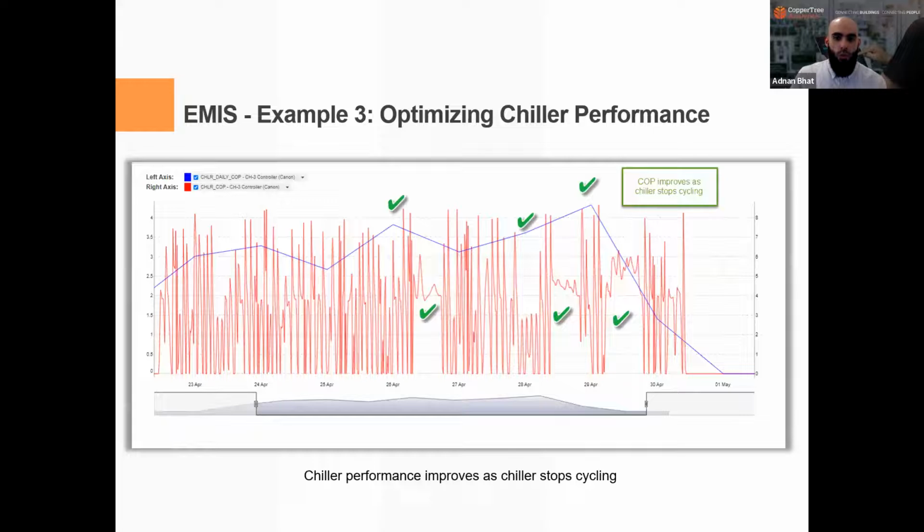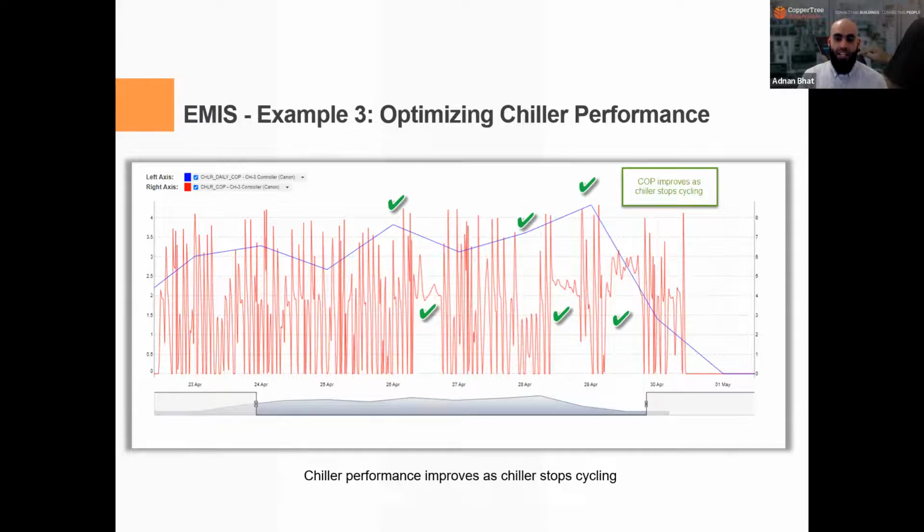So what we discovered by monitoring the data points is that the chiller performance improves as the chiller stops cycling. Over here, the red line represents the chiller cycling, and the blue line represents chiller COP. The aggregated value of performance daily is higher on days with chiller not cycling as frequently.